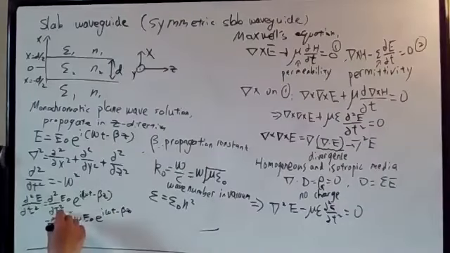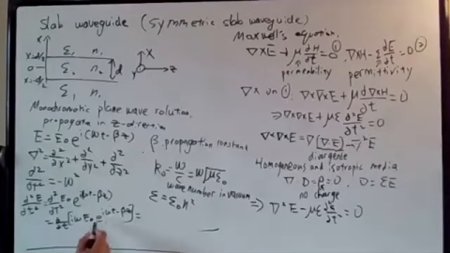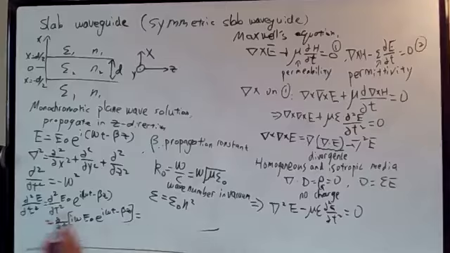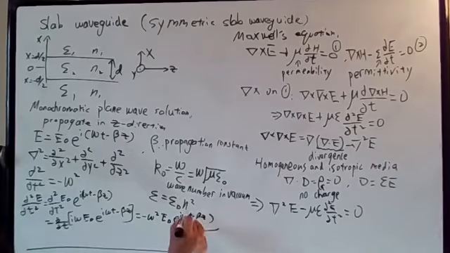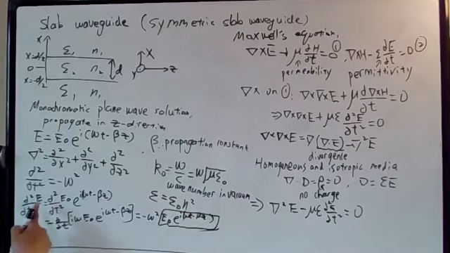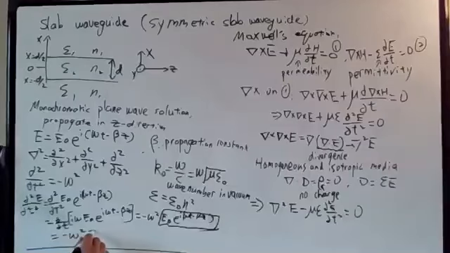And that piece is actually E. So in the end, it's negative omega squared E.